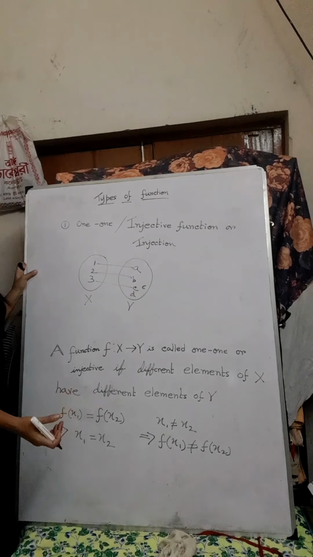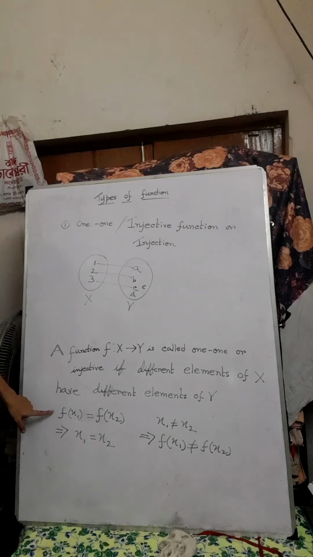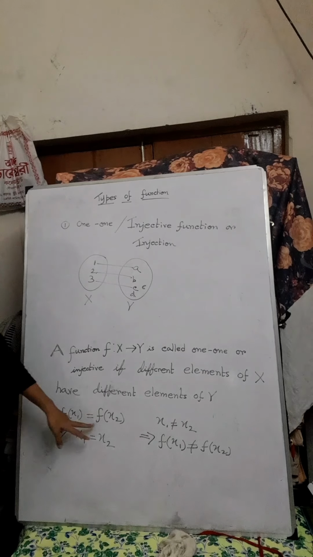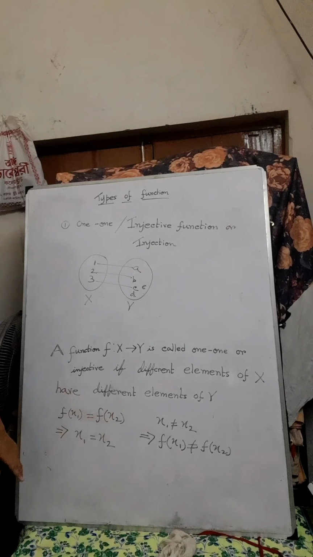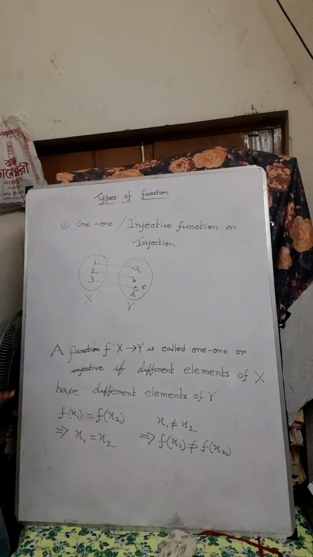Now if some function is given, how will you prove it? That is the condition. Whenever you prove that some function is a 1 to 1 mapping or not, you will start from f(x1) equals f(x2), then you will show x1 equals x2. Whenever some function is given that you have to prove or justify is 1-1 or not, you start from f(x1) equals f(x2).